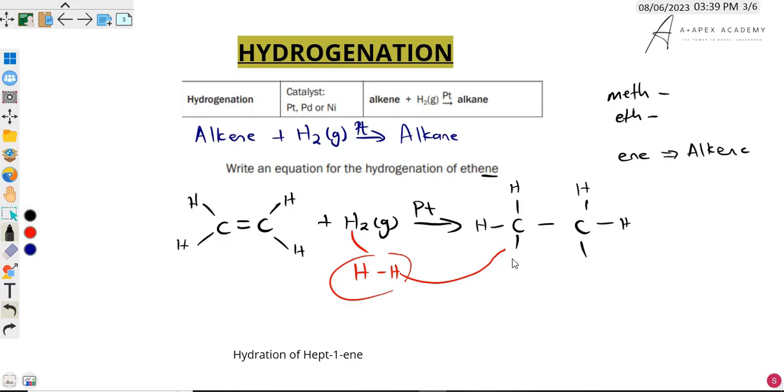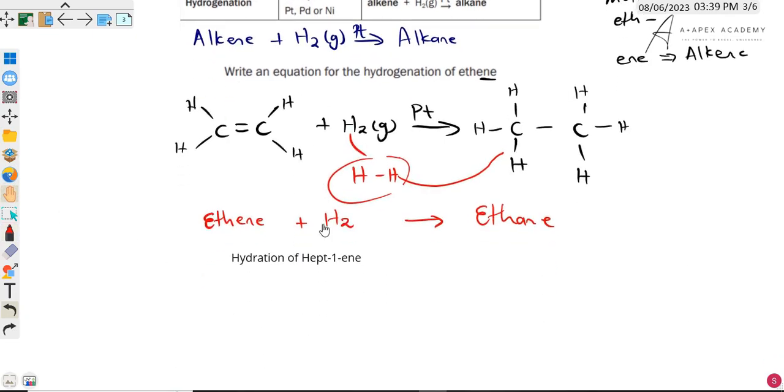So the first hydrogen atom attaches itself to that, and the second one attaches itself to that. We had an ethene, we added hydrogen to it, and we end up with that. What's that? That's ethane. We took an alkene, unsaturated, added hydrogen, and we ended up with an alkane, which is now ethane.